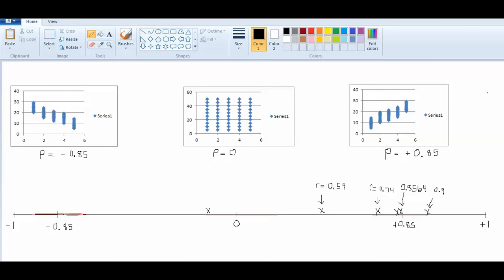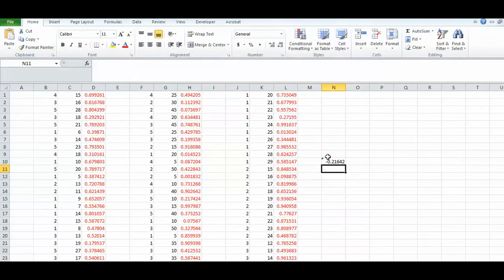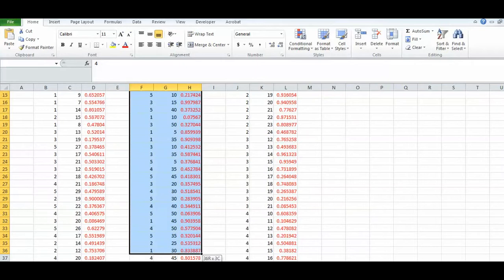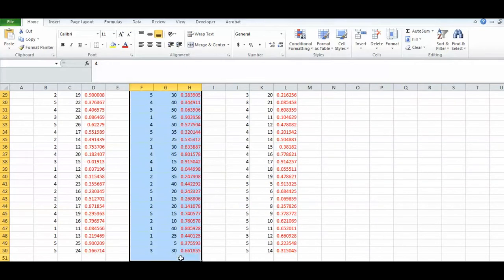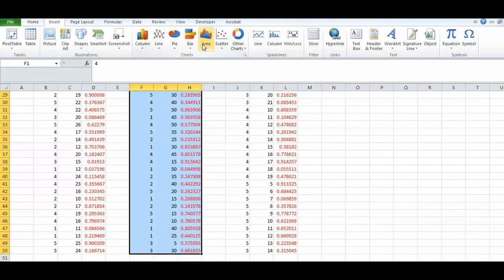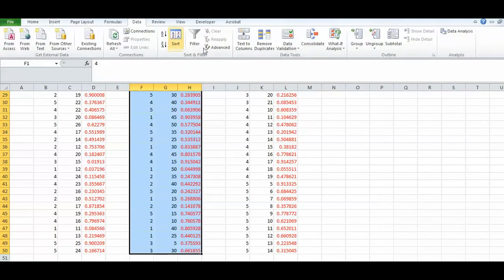Let's take another sample from the population with no correlation. Oh wait, I'm reshuffling.